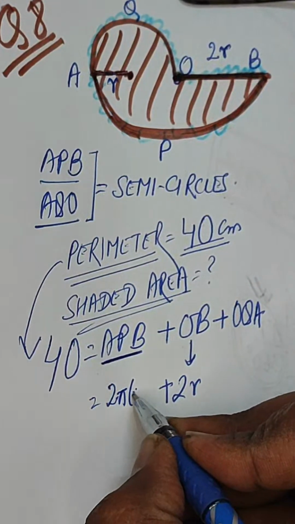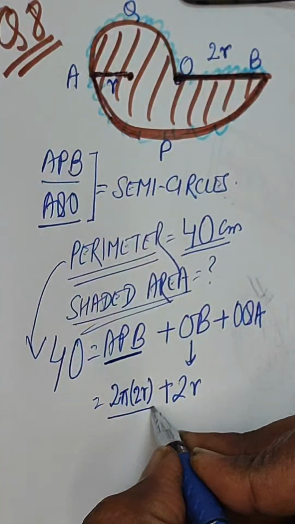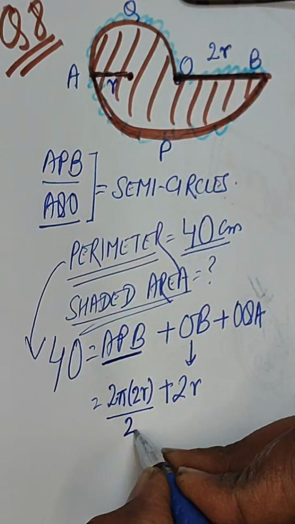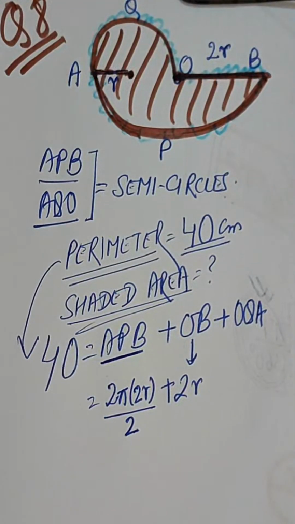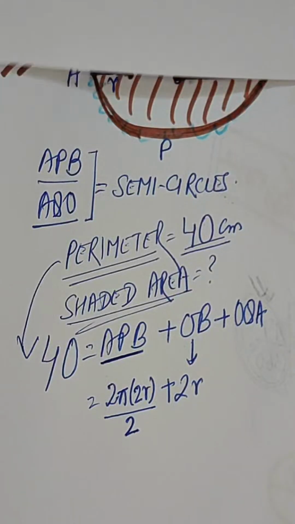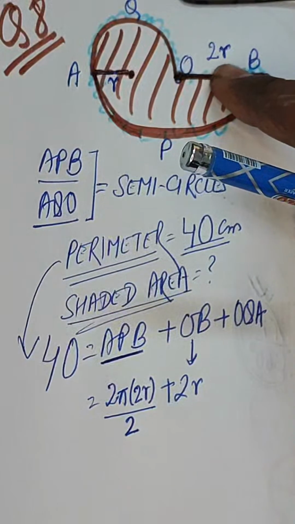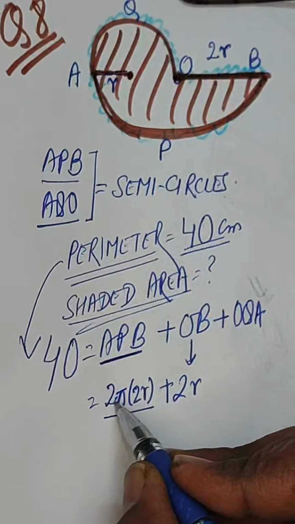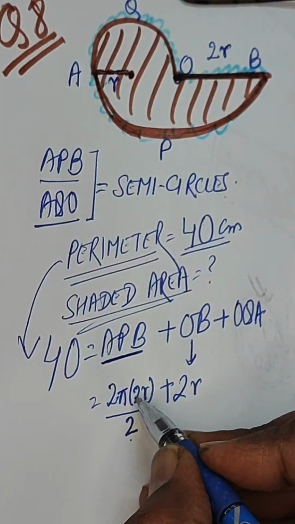So 2 pi into 2r whole divided by 2, because the circumference of a circle is 2 pi r. If you are considering this one, then definitely it is a semicircle with a radius 2r. So it will be 2 pi r divided by 2, where r is equal to 2r over here for the bigger circle.